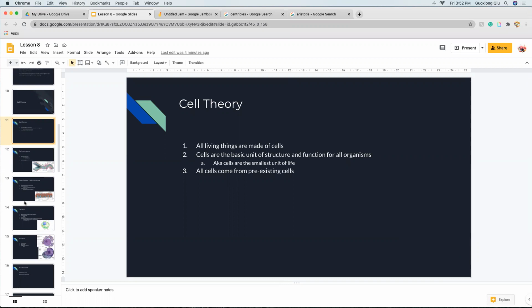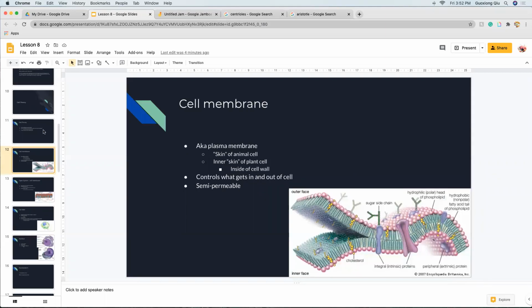And number 3, all cells come from pre-existing cells. This you might be tested on in school, so I suggest memorizing cell theory when you're in Science 10.